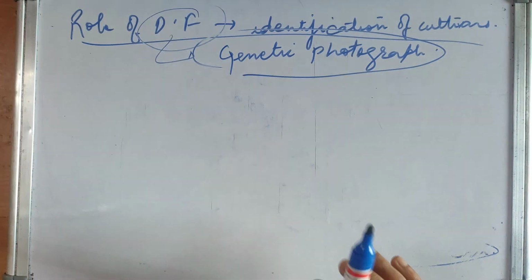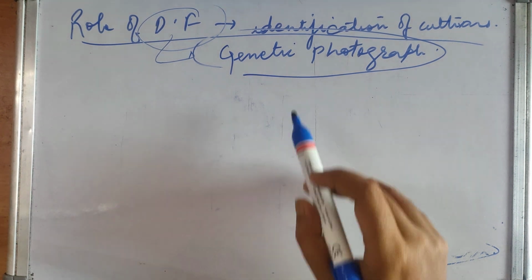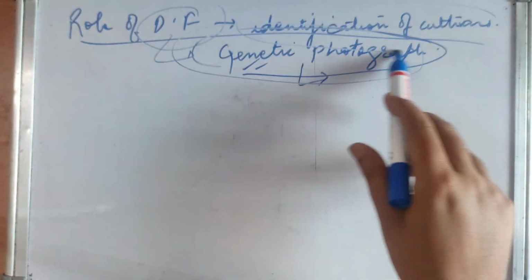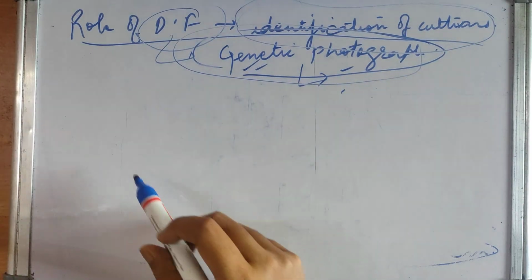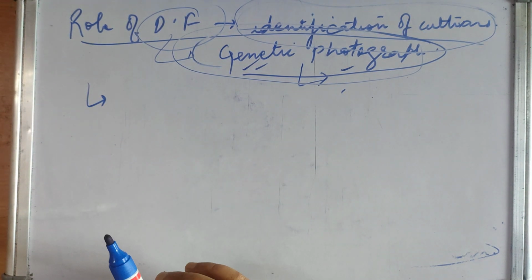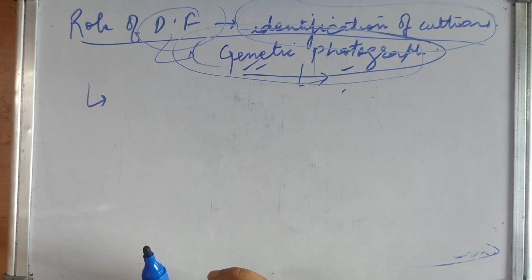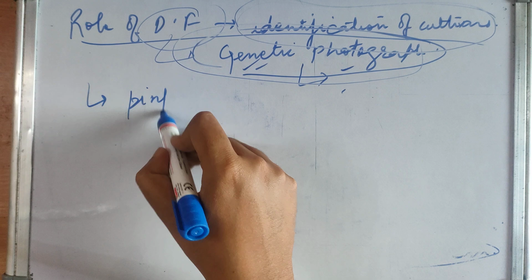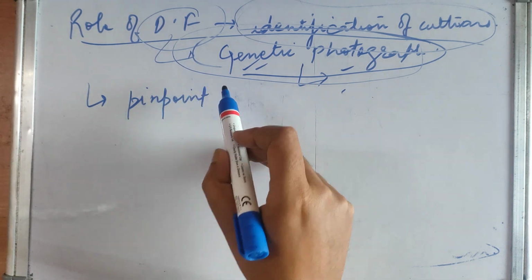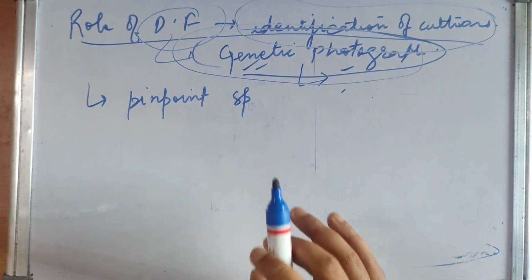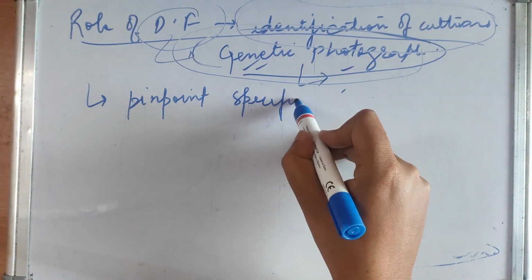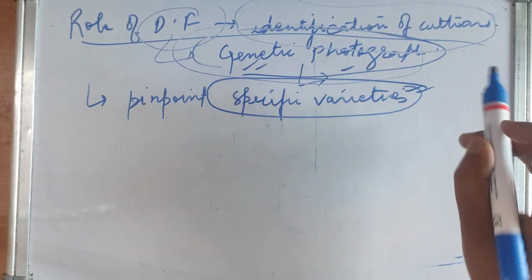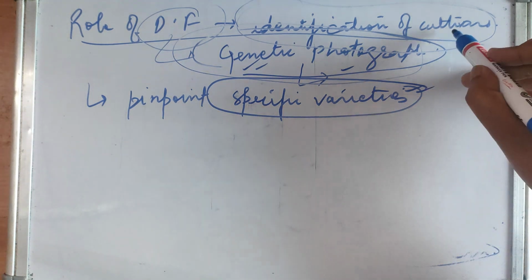It is not only for individuals but for plants, animals, persons, any living organism. So how will we identify cultivars? Using this photograph. DNA fingerprinting makes it possible for researchers to pinpoint a specific fingerprint. Due to its high accuracy, we can accurately identify seed varieties and pinpoint which variety is which.